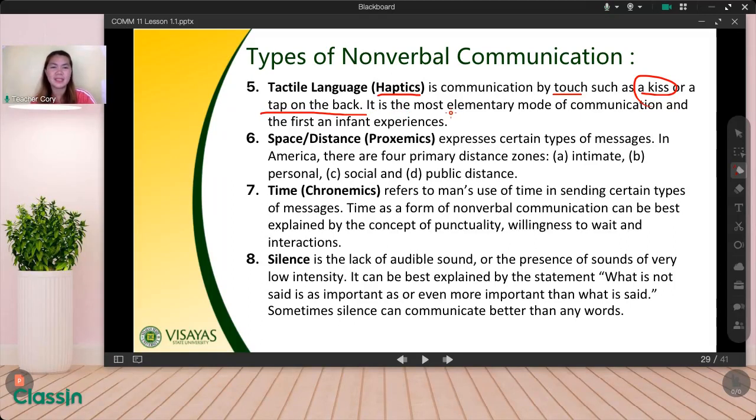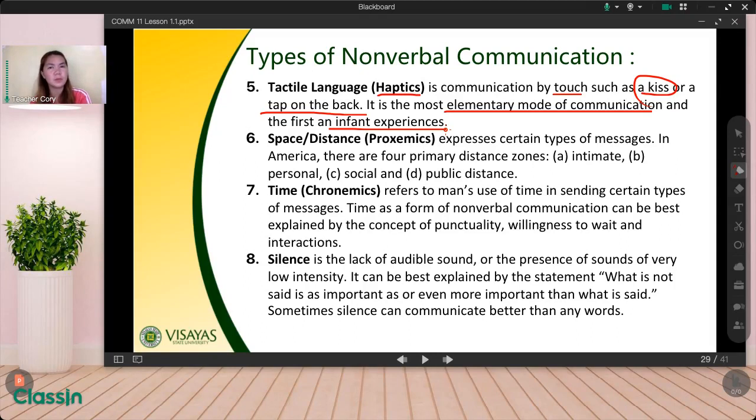It is the most elementary mode of communication and the first an infant experiences because we are embraced. So this also makes us feel secure. Not only the words, because words and promises are easy to break, but this kind of nonverbal way of communicating has great effects on people.